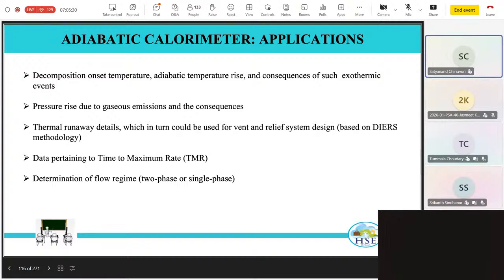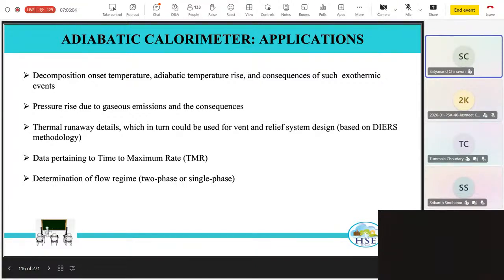And why? Because the information you get from an adiabatic calorimeter is so accurate that it works for an adiabatic system perfectly. In the sense, the data you generate from this is applicable for a 100 meter cube to 200 meter cube reactor, which is handling highly hazardous exothermic reactions. 100 meter cube means what? 1 lakh liters.